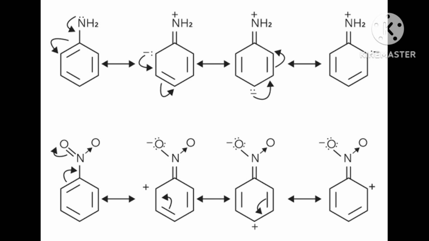If it attaches with the first, then the negative will go to the second, not the first, because the bond will break and that electron will be taken by the second. That's why it will be negative. Because now negative charge has developed here, that's why it is called negative electromeric effect.